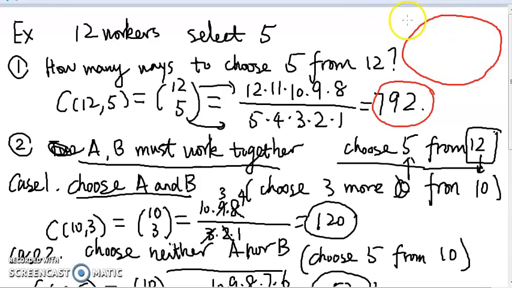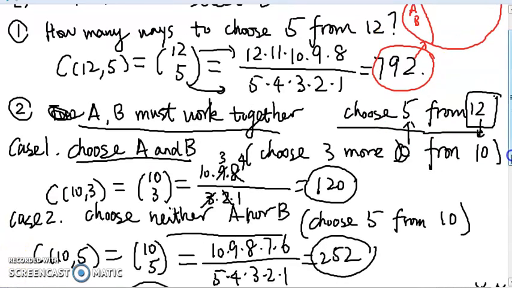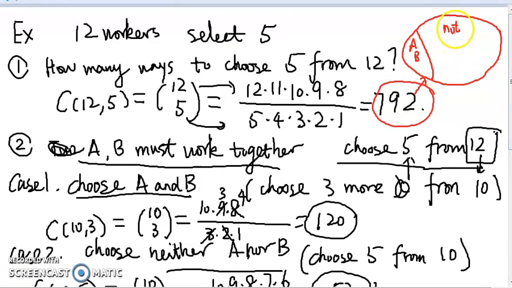This 792 ways includes the cases where A, B work together, so that means you must include both A and B, or we also have the cases where not both are included. All the other cases are going to be A, B not together. So A, B together, and all the others would be A, B not together.